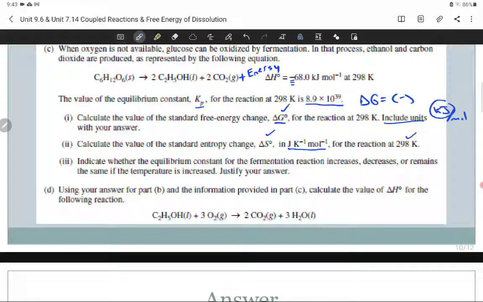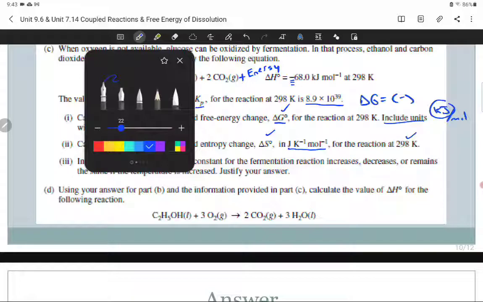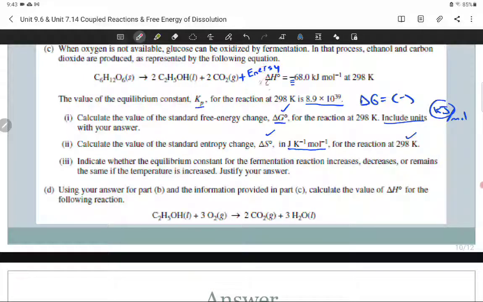So if you raise the temperature, it's as if you raised that energy and the reaction is going to shift away from it. So will the equilibrium constant increase, decrease, or stay the same? I think it's going to decrease because the shift from right to left would give you a smaller number.